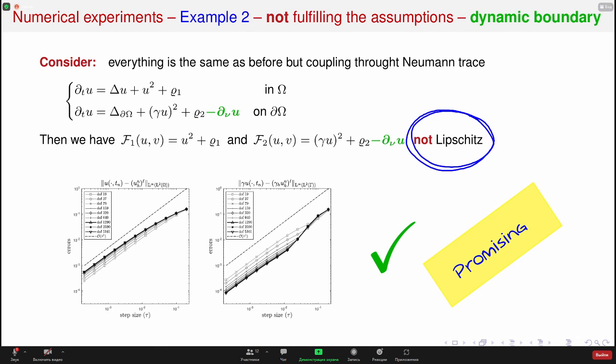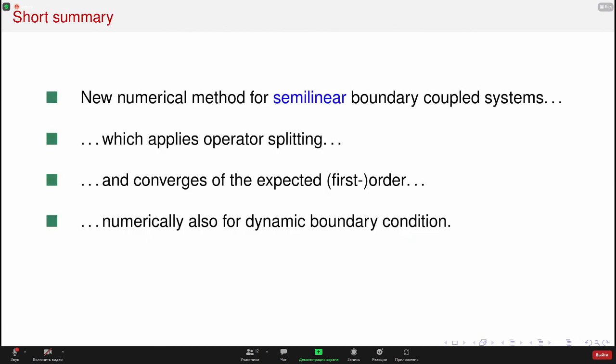So maybe next year at the next OPSO conference, I will report on our success. I hope so. As a short summary, we invented a new numerical method for semilinear boundary coupled systems, which applies operator splitting, and this numerical method converges with the expected order, which is now first order.